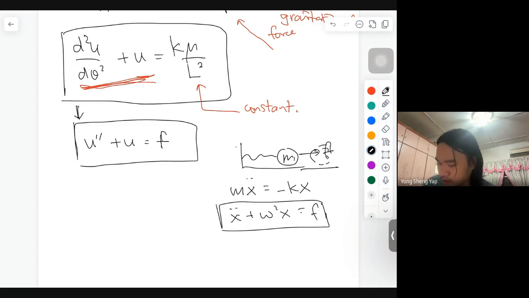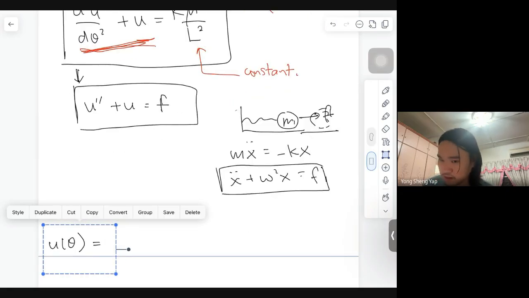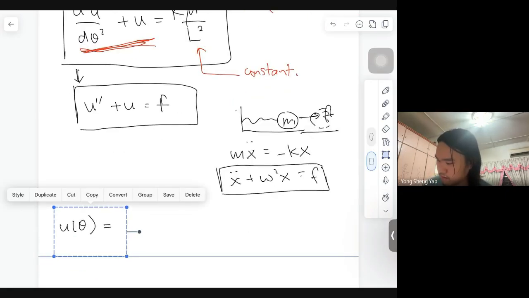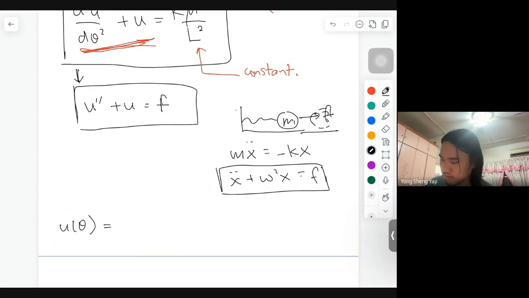So what is the solution? u of theta, or u of theta is equal to 1 over r of theta. Anyone?